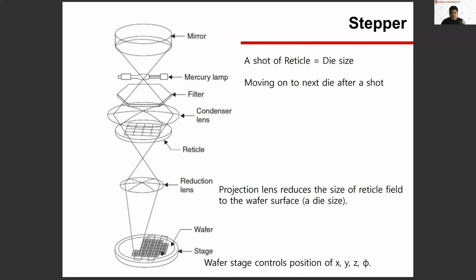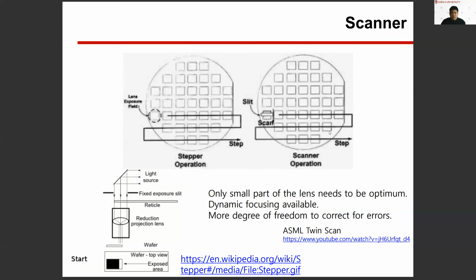So we make a little slot, and move the slot and the wafer at the same time to make a clearer image. And this is called a scanning system.